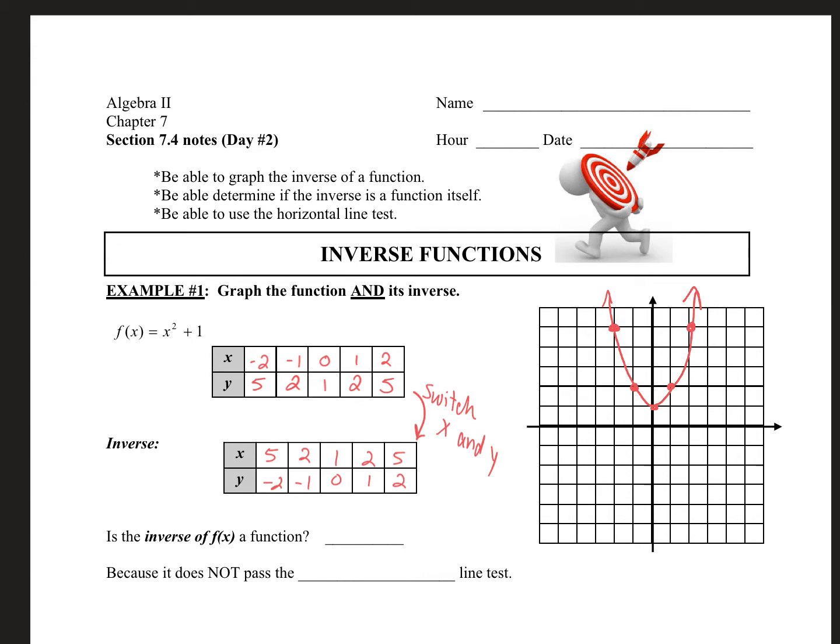So if I plot each of these points, I have 5, -2 here. 2, -1 is here. 1, 0. 2, 1, and 5, 2. So we kind of have a sideways parabola.